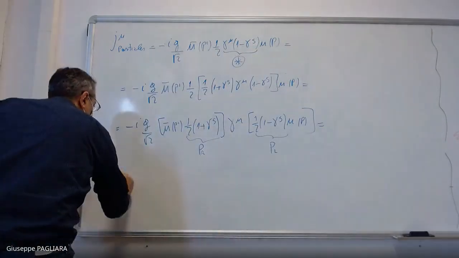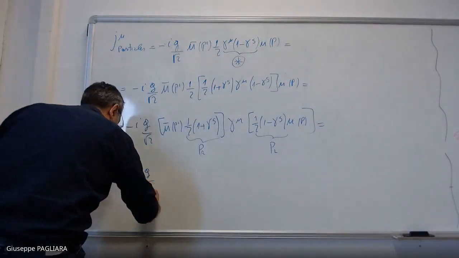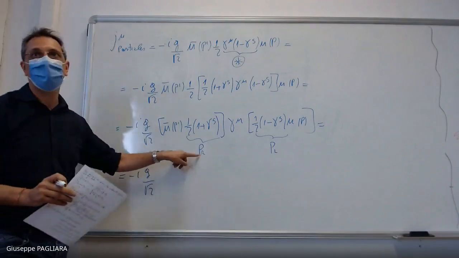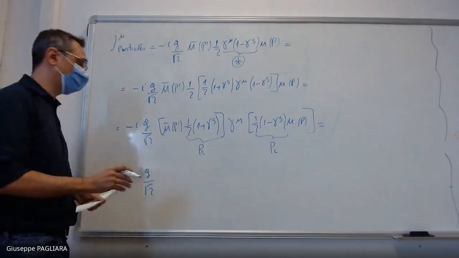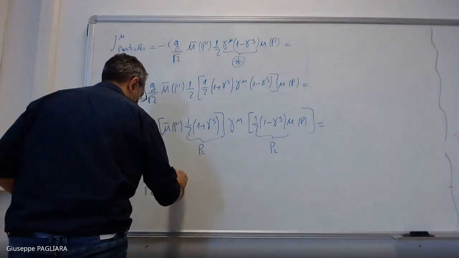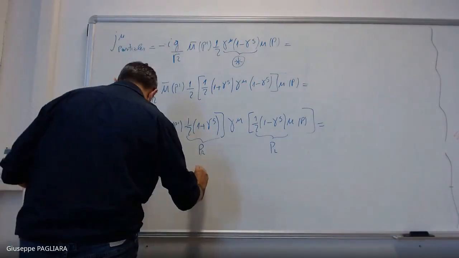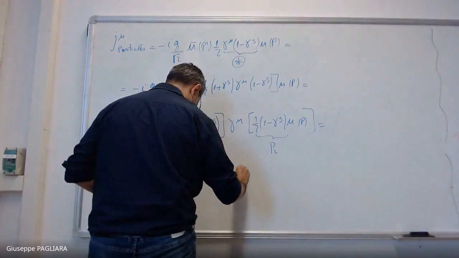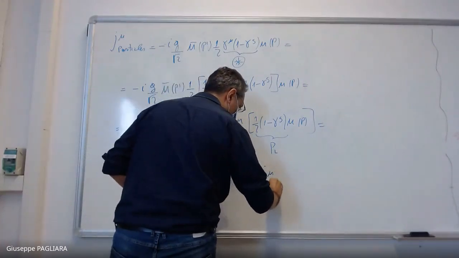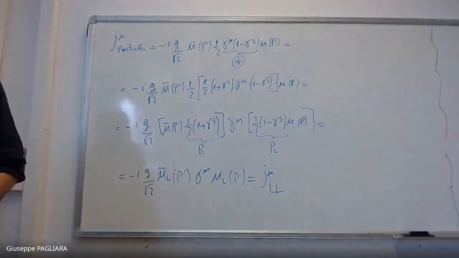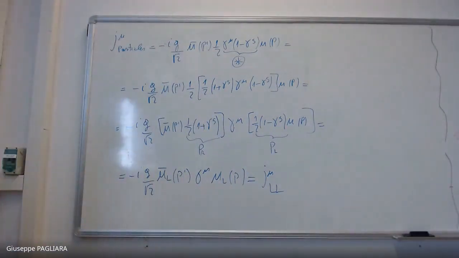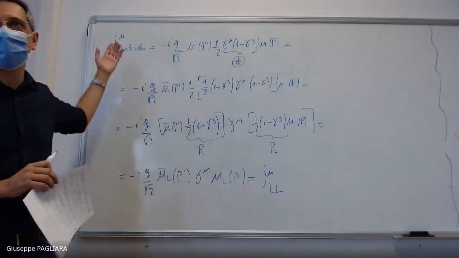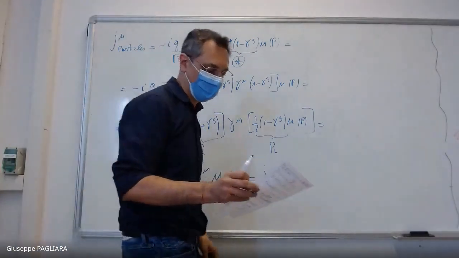So this is going to be minus iG over 2. When you apply the right projector onto the adjoint spinor, you get the left adjoint spinor, and when you apply the left projector on the spinor, you get the left. So this is just a J left. So the only contribution that survives in our current is indeed the left component.